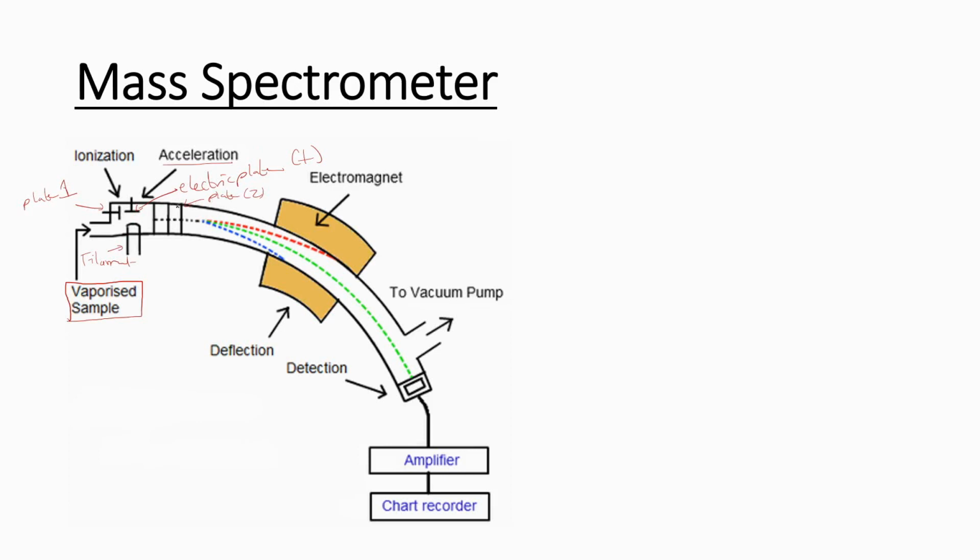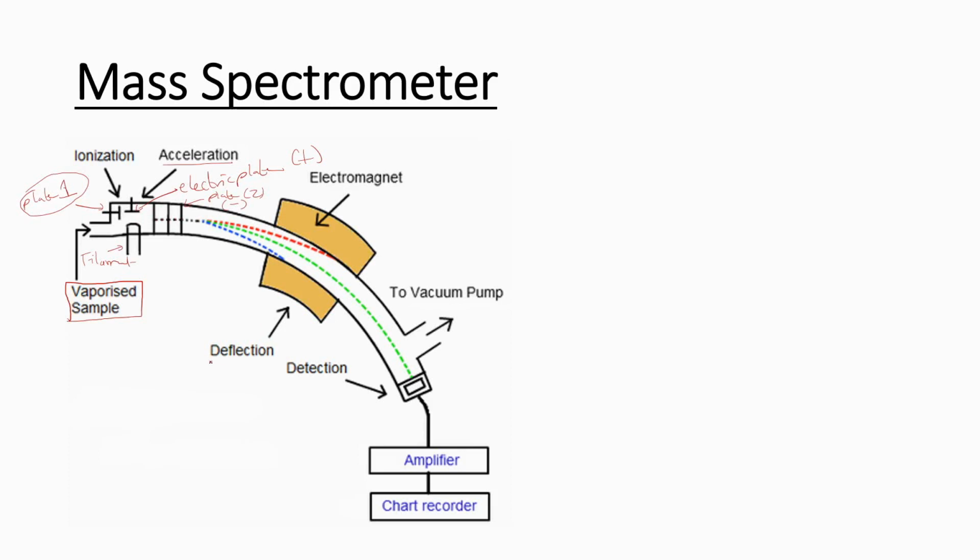So these plates on this side are negatively charged, and so the positively charged sample is accelerated towards the negatively charged plates. I wouldn't worry about this plate here too much, but on the other side we have these negatively charged plates, and so the positively charged sample, after it's been ionized, is accelerating and going this way. There are holes in between these plates and the sample passes through this hole.